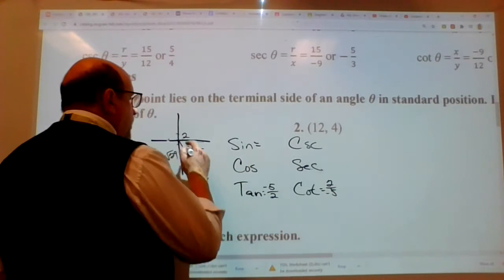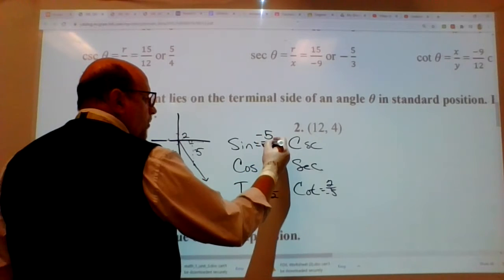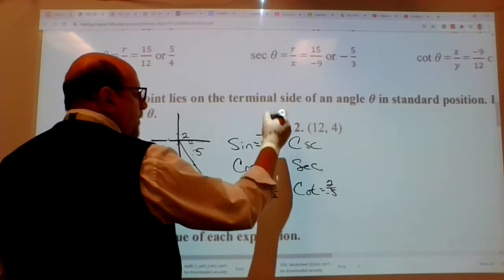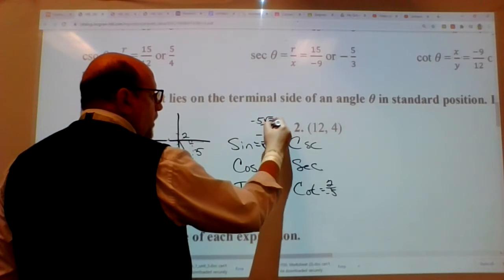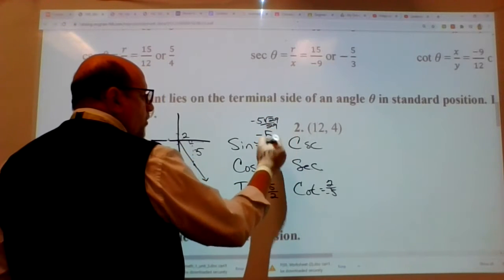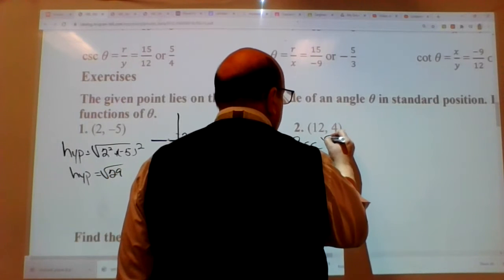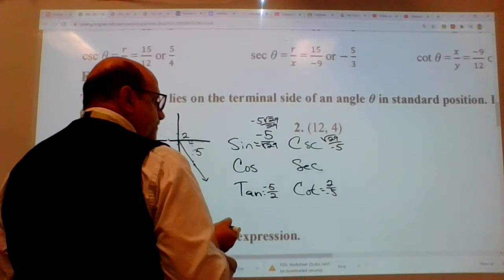So let's go back up here. -5 over the hypotenuse of root 29. This is actually -5 root 29 over 29, because we don't like to have a square root in our denominator. But I'm going to write it like this, so I can say root 29 over -5. Sounds good.